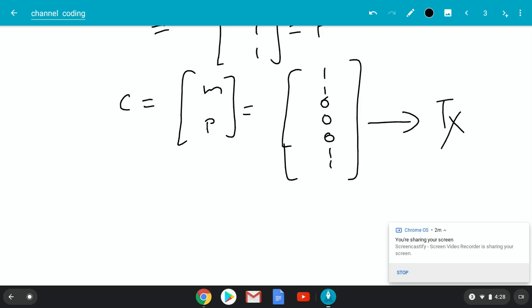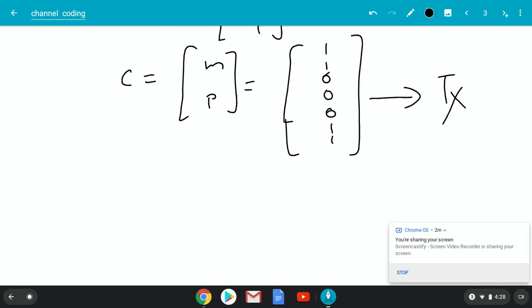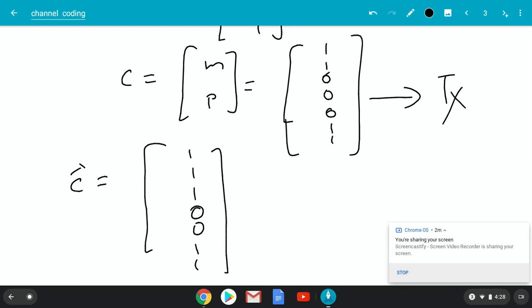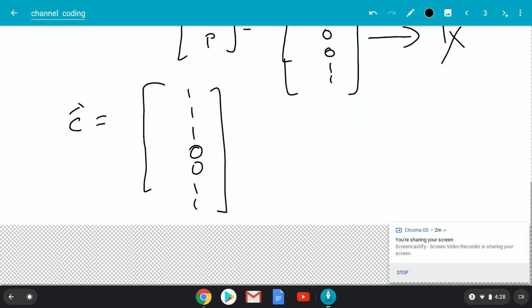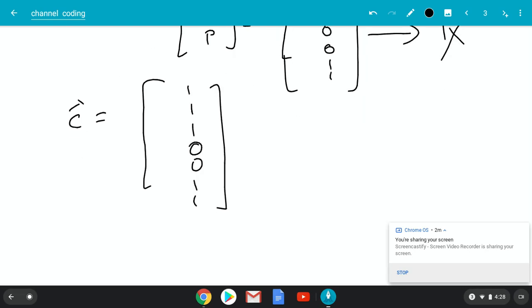So now let's say the third bit flips in the binary symmetric channel, right? So c hat will be equal to 1110011. If nothing flipped, this third bit should have been 0, but because it flipped, it became 1. Okay, and this is what you receive.